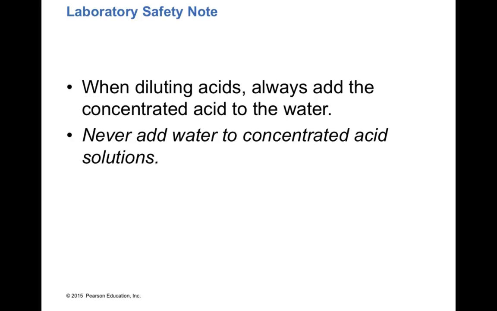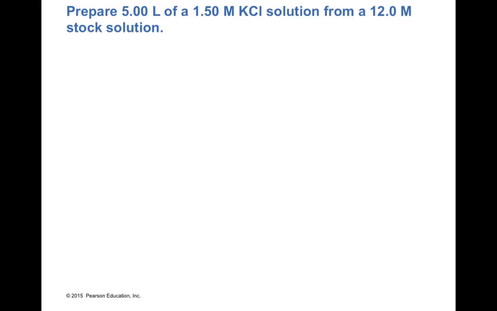Now let's see the following problem. Prepare 5 liters of a 1.50 molarity potassium chloride solution from a 12.0 molarity stock solution. We need to identify what we have. We have a volume, and we have two concentrations. So we need to look for a volume by using the dilution equation.